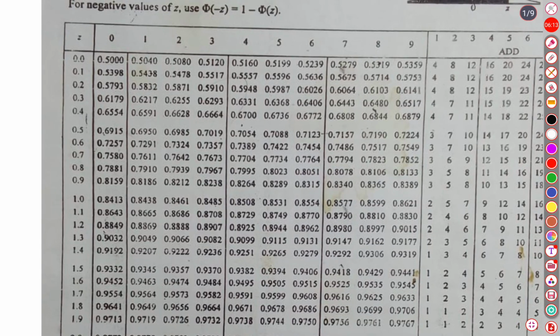So this is 1.2, this is our row, and the column is 5. So it is actually here. This one is our corresponding probability. So our probability is 0.8944.